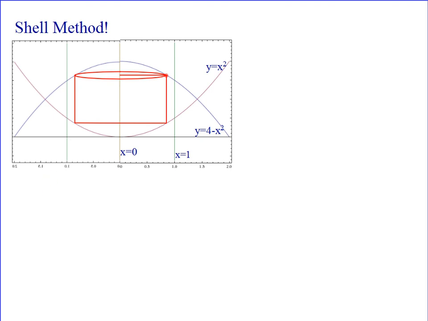So what does the shell method do? The shell method creates a bunch of interlocking cylindrical shells. It's almost like the little Russian dolls, where you have the teeny tiny one inside the slightly bigger one, inside the slightly bigger one, inside the slightly bigger one. It's the same idea. So I have one cylindrical shell here.